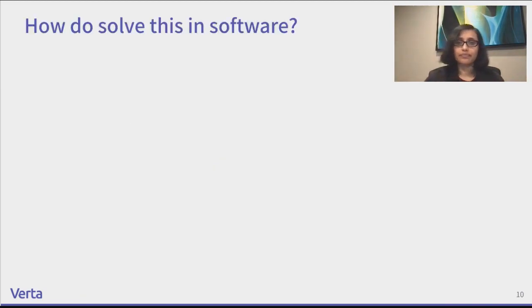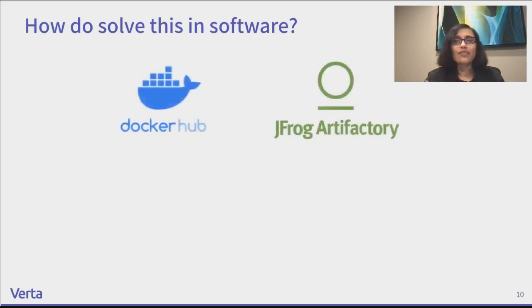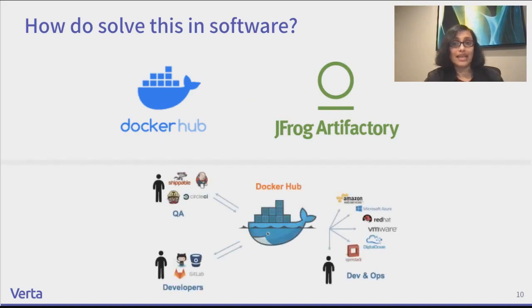Now let's draw some inspiration from the software universe, right? How do software releases work? There we have solutions like Docker Hub, Artifactory, PyPI, and many more. Taking Docker Hub as an example, with the container registry that Docker Hub provides, developers can store and distribute images. They can tag different versions.